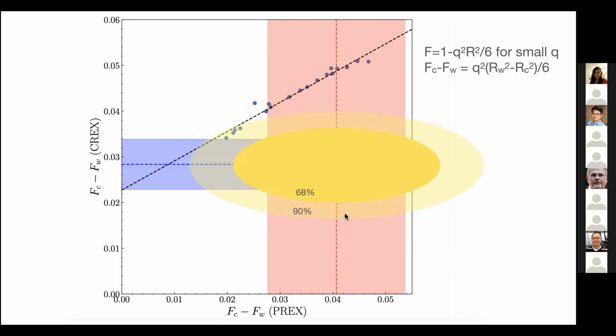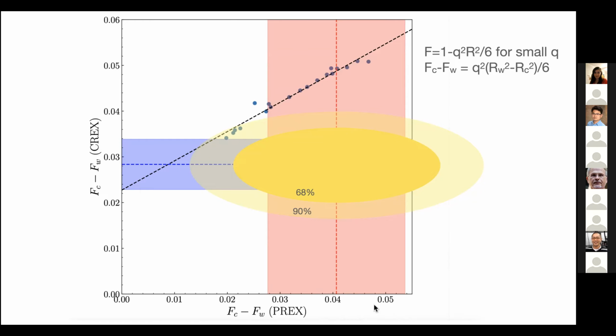Okay, so that was the charge minus weak form factor at the momentum transfer of CREX. And we can plot on the x-axis here the same quantities for PREX.